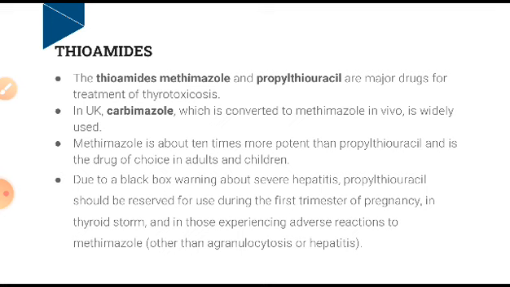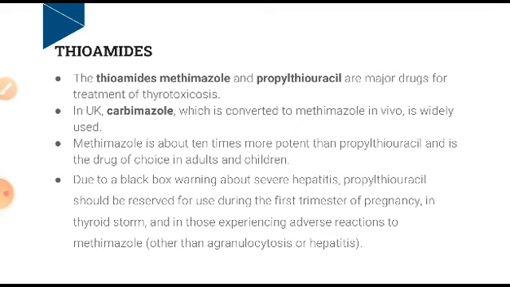So, the first drug class we are going to discuss here is the thioamides. Under the thioamides we have methimazole and propylthiouracil. In the UK, carbimazole, which is converted to methimazole in vivo, is widely used.